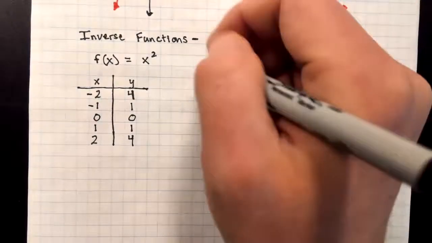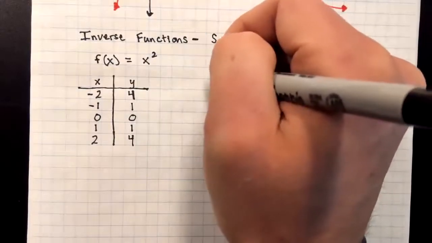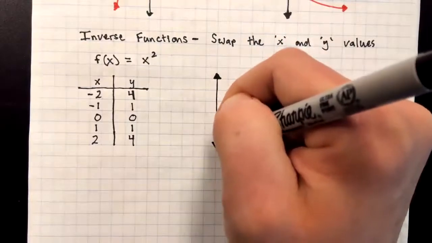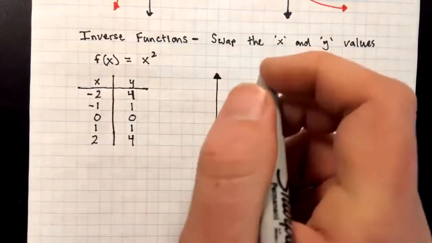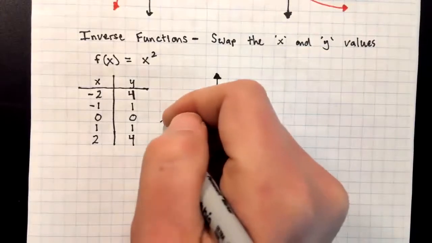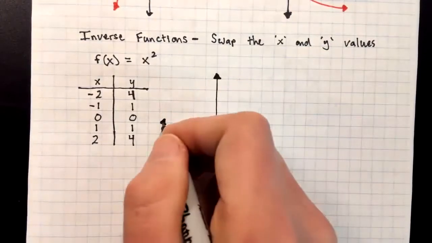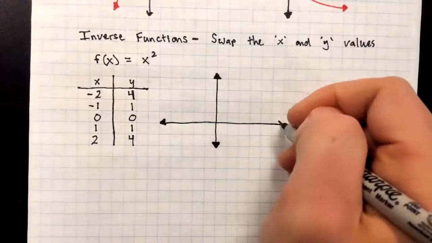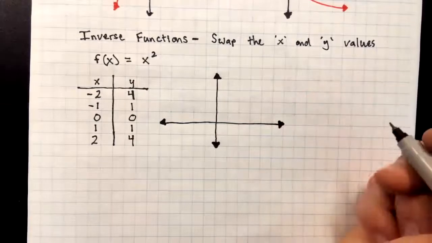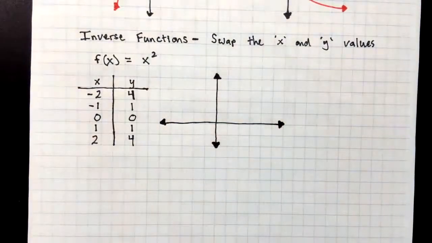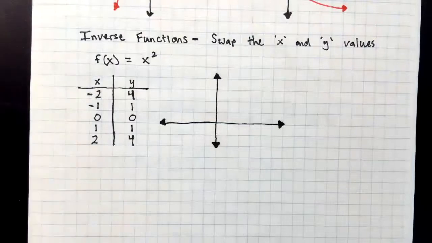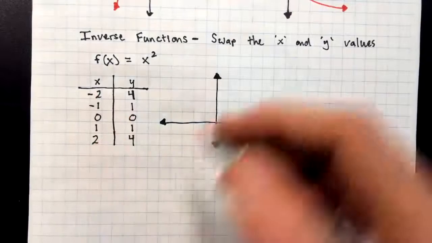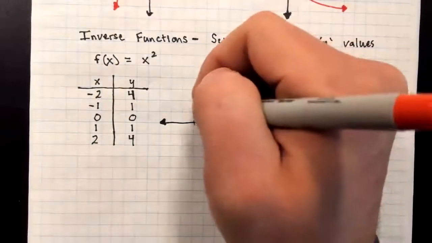Now let's graph this too. Good practice. All right, let's graph this thing real quick. So for this function, I've got a point at -2, +4. -2, and then 1, 2, 3, 4.